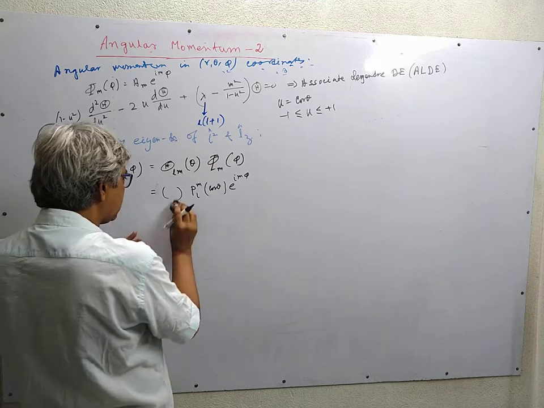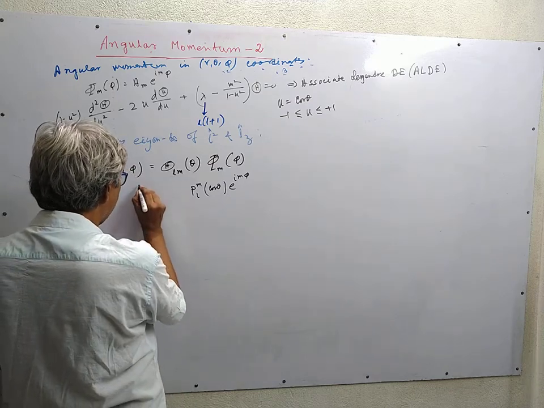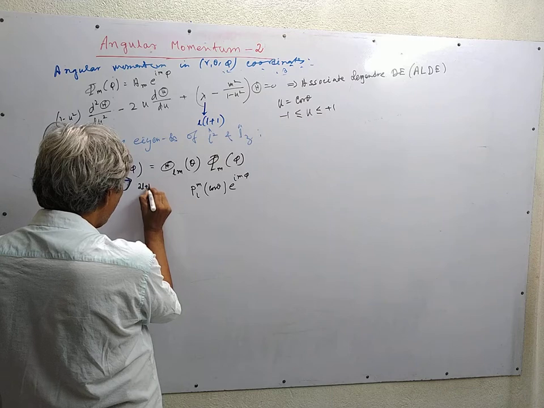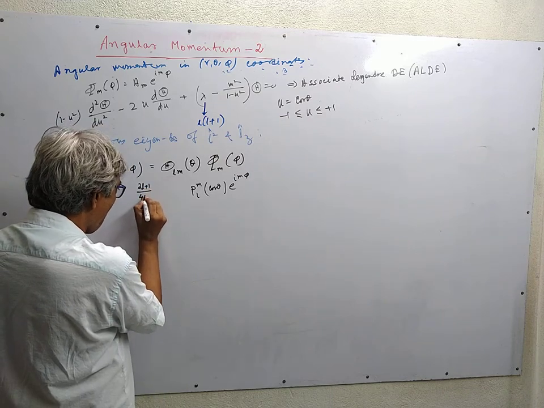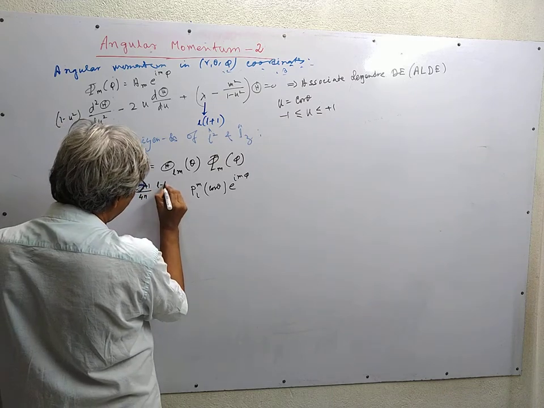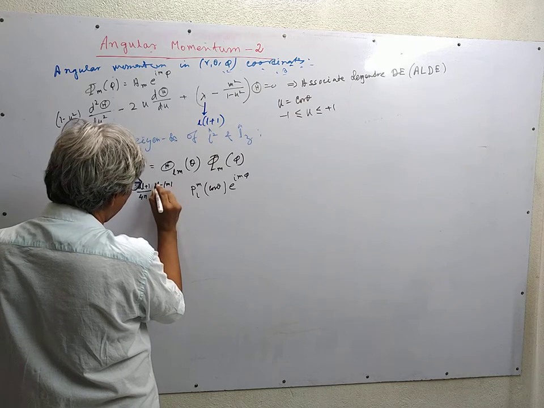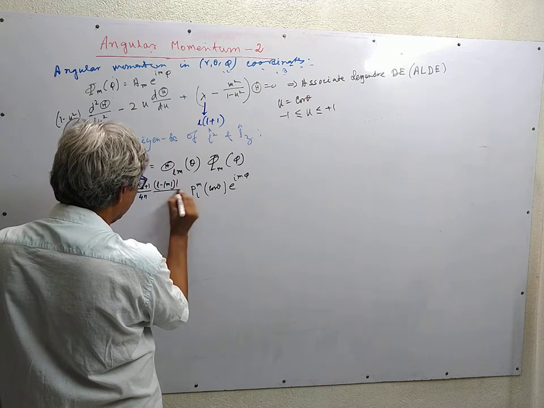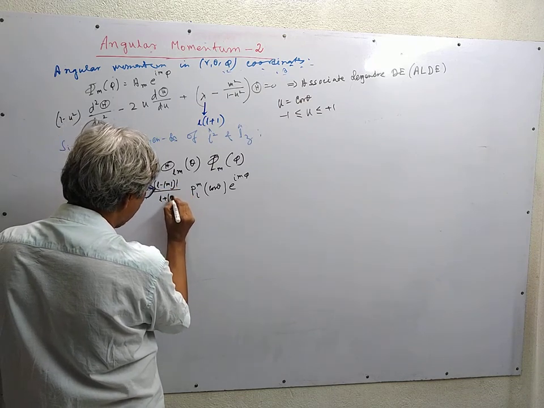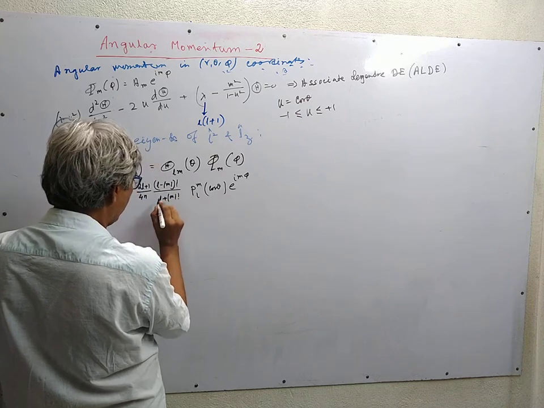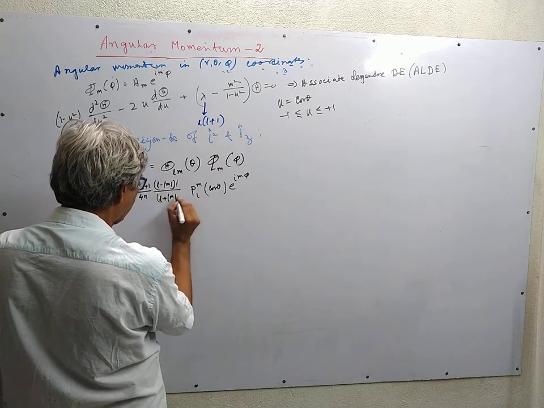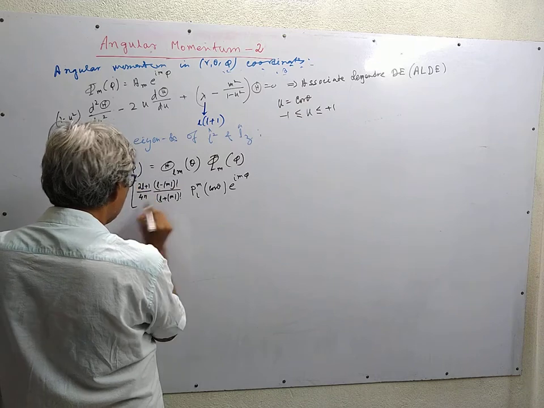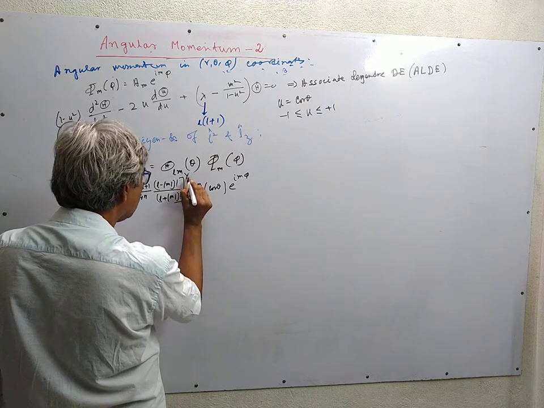The normalization constant is found to be [(2L+1)/4π × (L−|m|)!/(L+|m|)!]^(1/2).